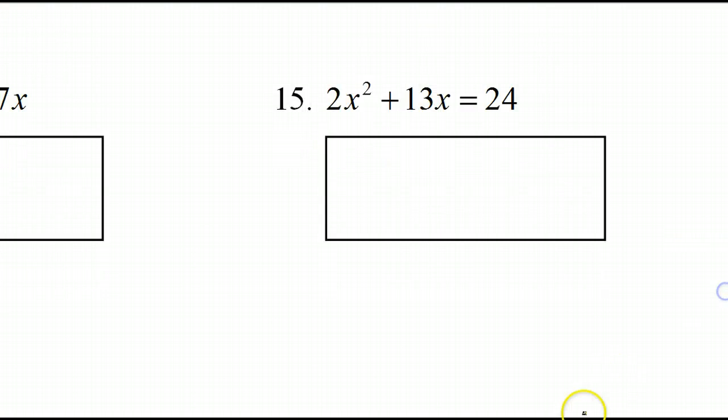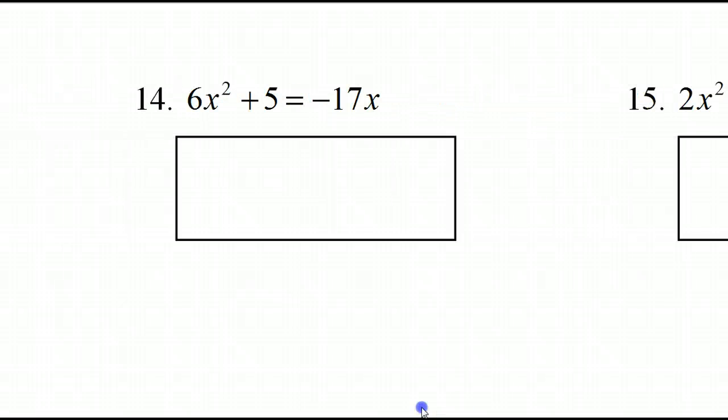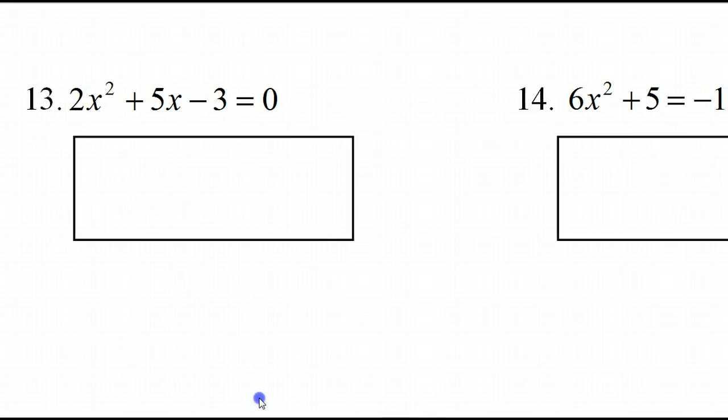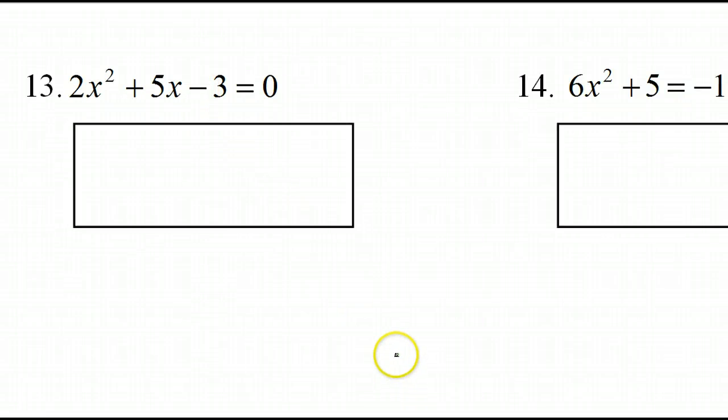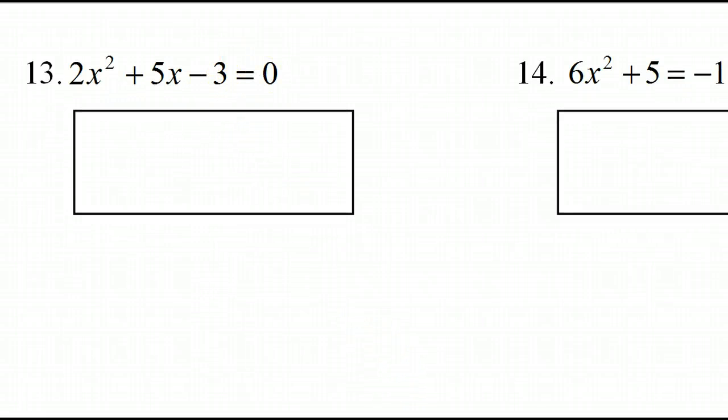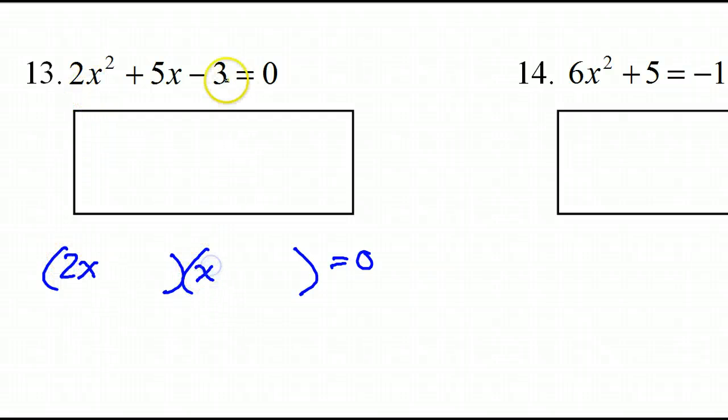Alright, 3 more problems. Okay, no GCF. 0 is already on one side. How hard can it be? Alright, 2x squared, that's 2x and x. 3, all right, I'll start with 1 times 3. If that doesn't work, I'll reverse it. Inner, I've got 1x.